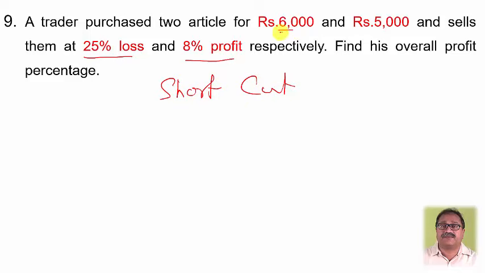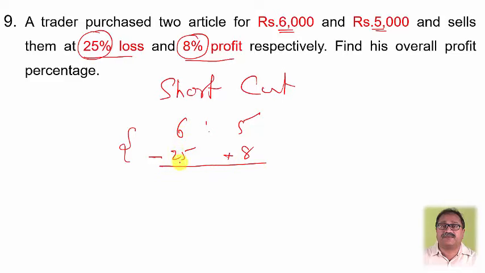And what is that? I'll take the ratio of this cost price, that is 6:5. And this is loss of 25%, so minus 25. This is profit of 8%, so plus 8.